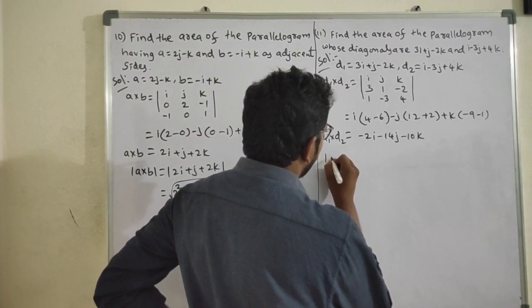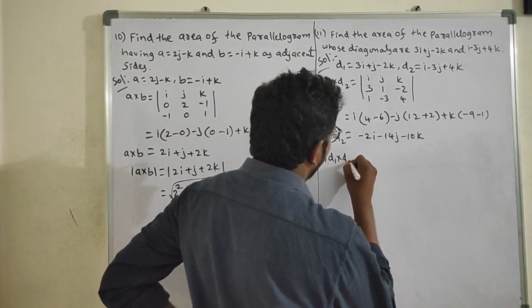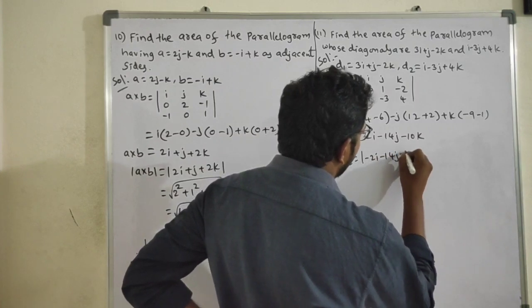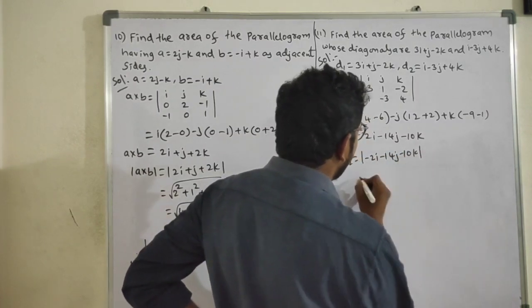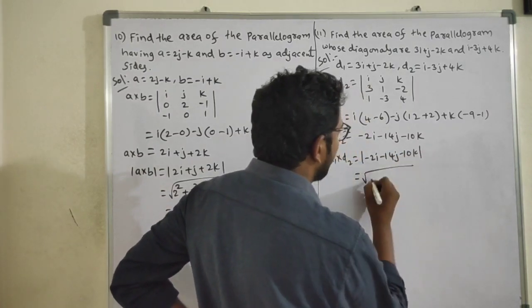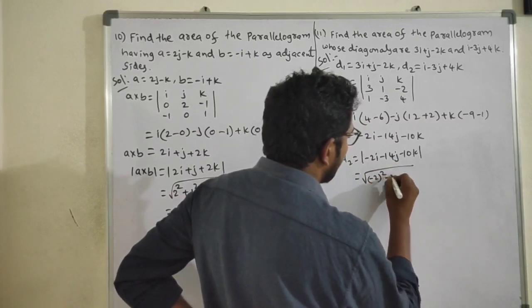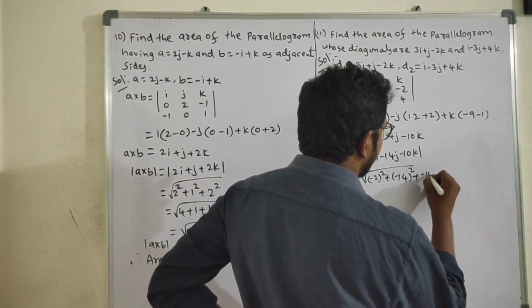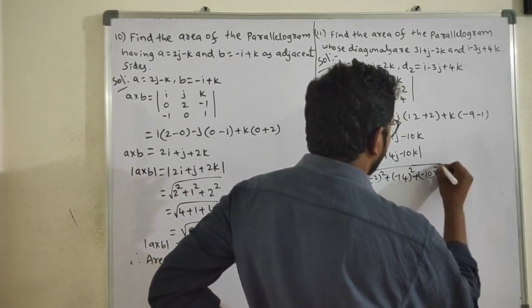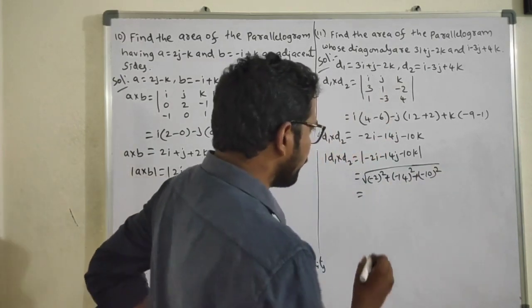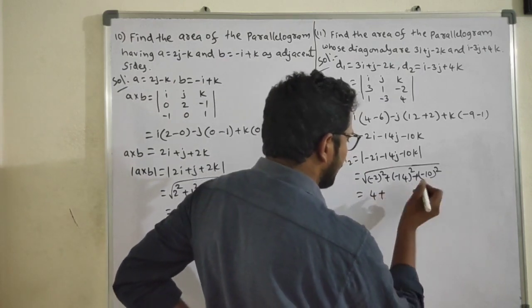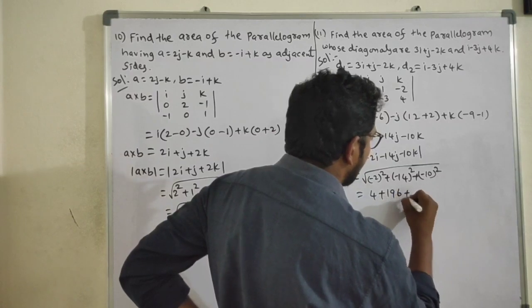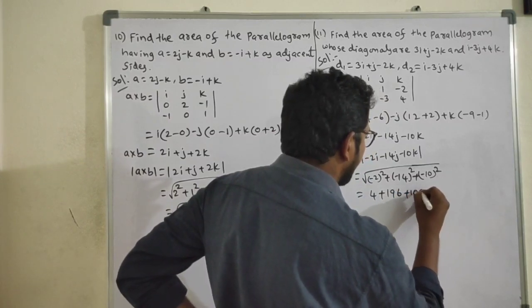Find modulus d1 cross d2, which is equal to the modulus of minus 2i minus 14j minus 10k. We have minus 2 square plus minus 14 square plus minus 10 square. 2 square is 4, 14 square is equal to 196, plus 10 square equals 100.